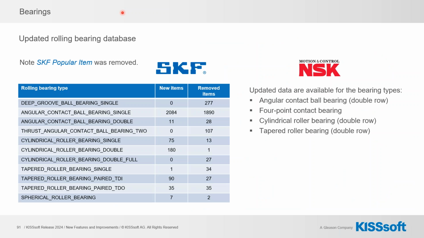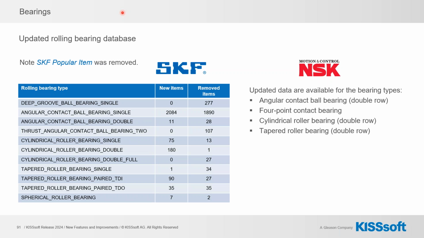As a next topic, let us have a look at the roller bearings, and what has changed in the new release. As a part of our job as a software supplier, for each release, we do an update of the rolling bearing database.